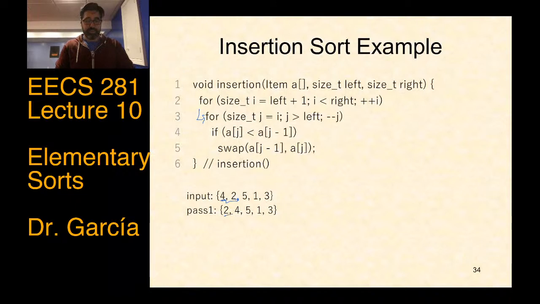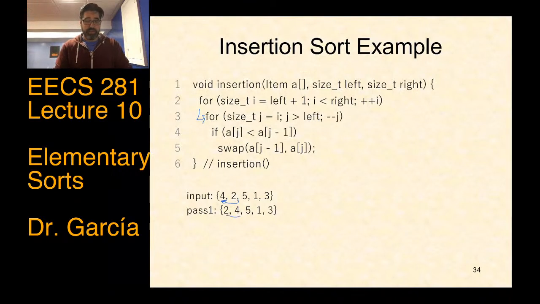So now this effectively becomes my sorted portion. Let me do something here because I started a bit ahead of myself. The input starts here. I consider my next one to be 2. Oh, okay, 2 is less than 4, so I perform the swap to get a result there.